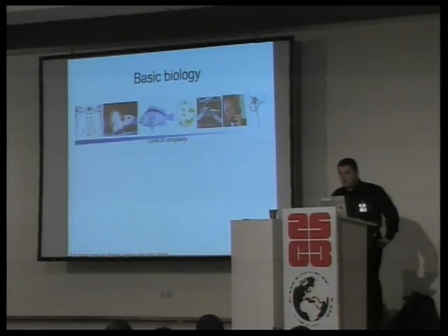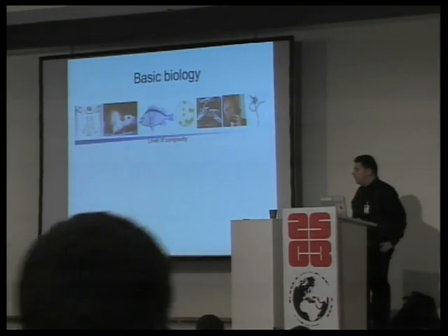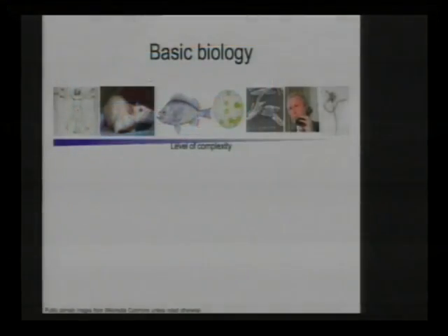Okay, little basics. As you might remember, all life forms have DNA, and my laser pointer is not working. Oh, there it is. They all have DNA regardless of the level of complexity.